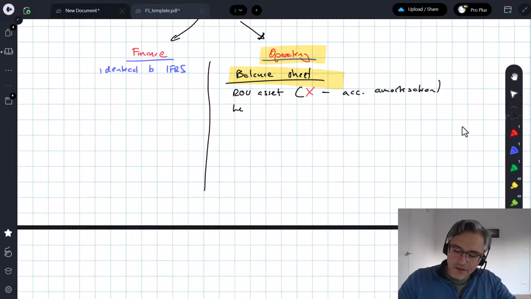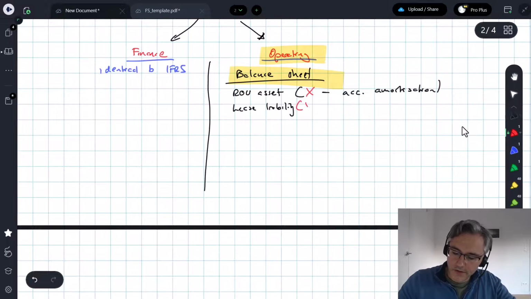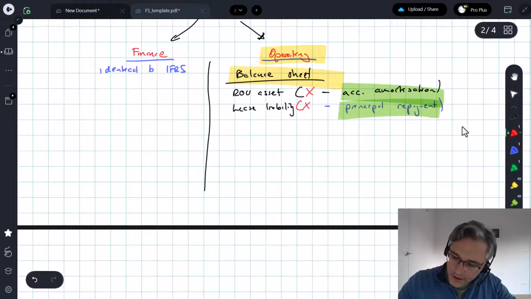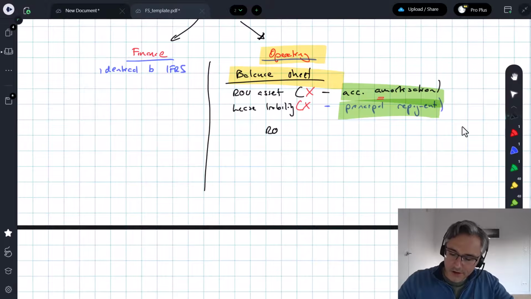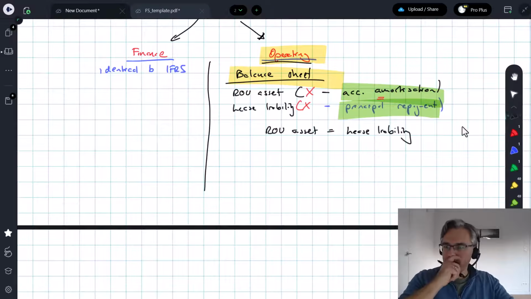In terms of the lease liability on the other side of the balance sheet, the starting point is the same, and then we deduct principal repayments. Because these two are the same, like I showed you, the ROU asset should at any point in time be equal to the lease liability. And this is something that you only get with an operating lease under US GAAP.